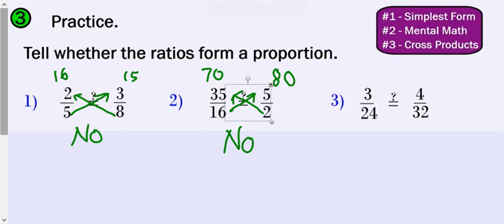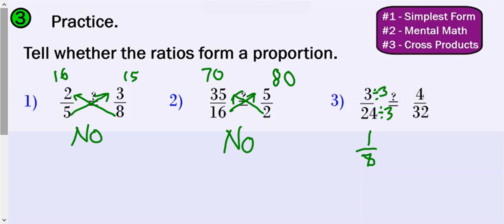All right, and then example number 3, you can use mental math if you want to multiply those big numbers. You can use any of the 3 options here. I'm going to do simplest form. So I'm going to simplify this first fraction by dividing by 3. Divide by 3, divide by 3, and I'll get 1 over 8.